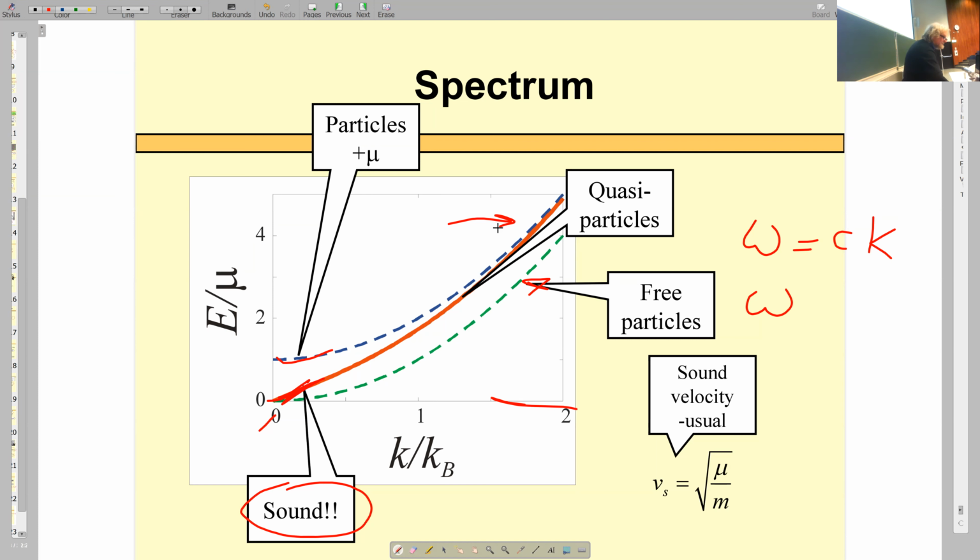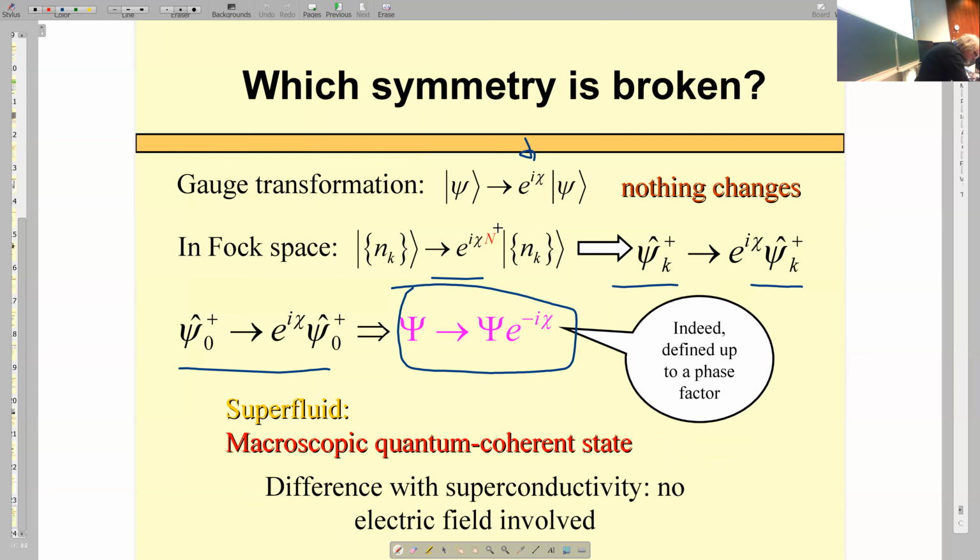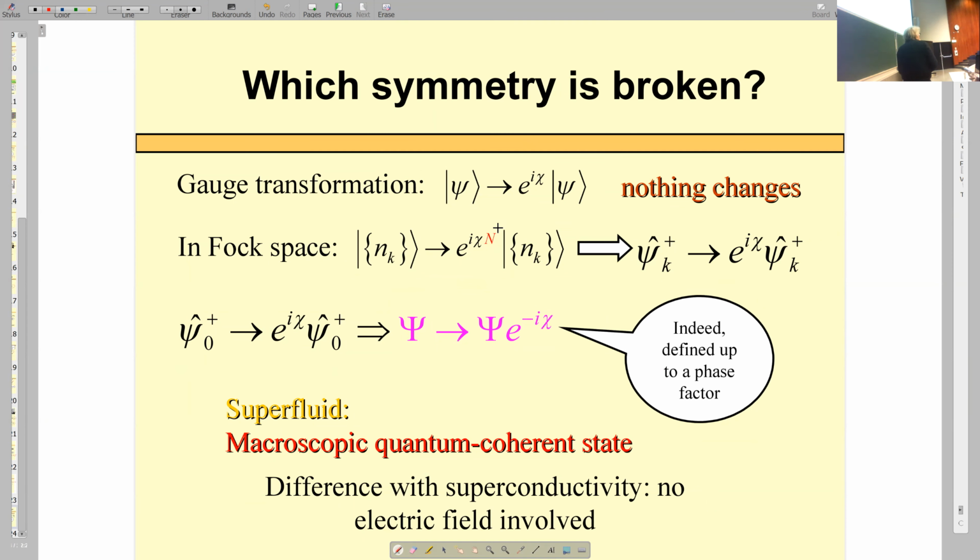Right, I still have several minutes to, oh, okay, it's about breaking symmetry again, but it's eventually a very similar discussion as we had for superconductivity. So a gauge transform multiplies a wave function by a factor. When you try to make it for field operators, they also require a factor. What does it mean? It means that all averages of the operators break gauge invariance.